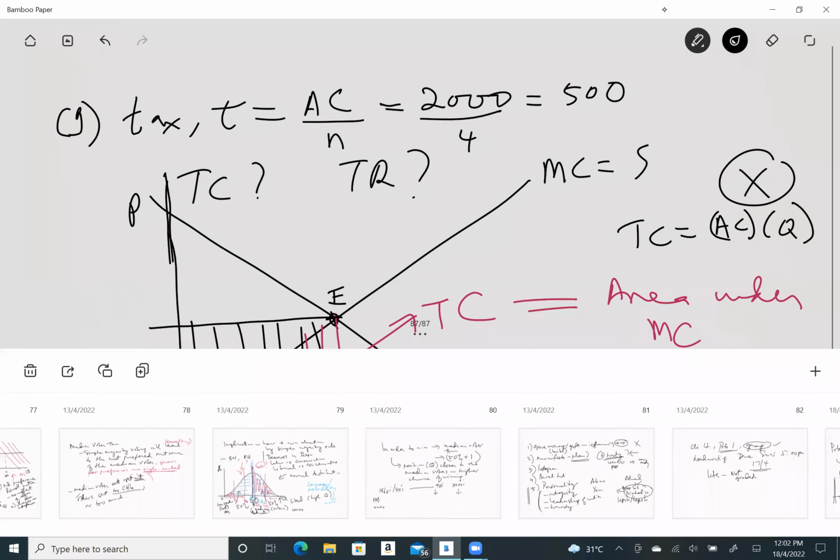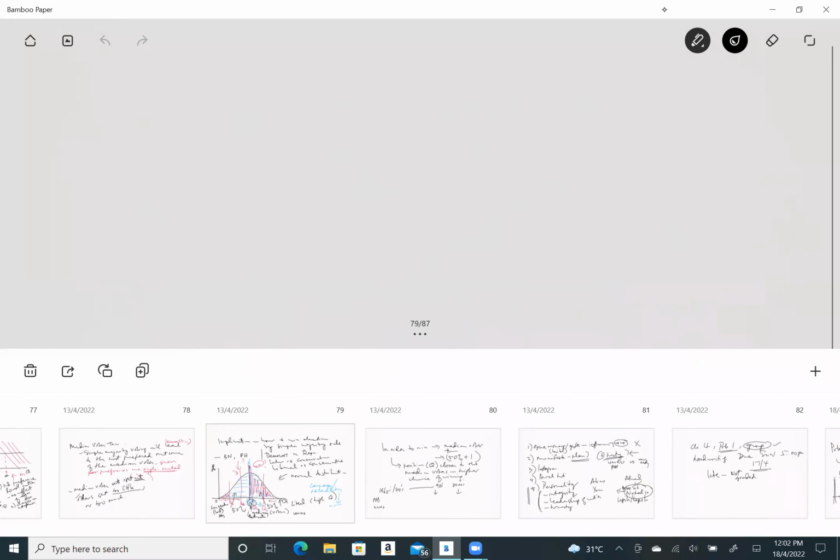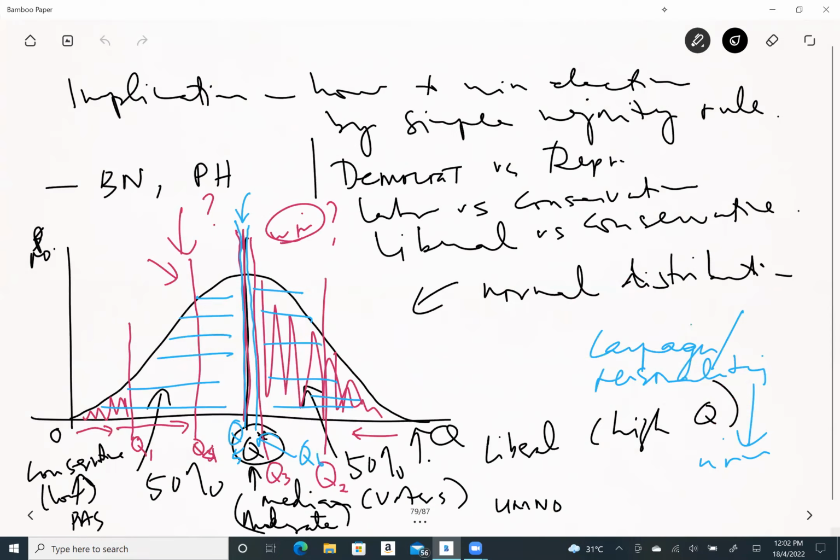I will continue. Now, I would like to look again at the implication of the median voter theorem. I want to look again at how different coalitions or different parties can win an election. So what is the party's position?